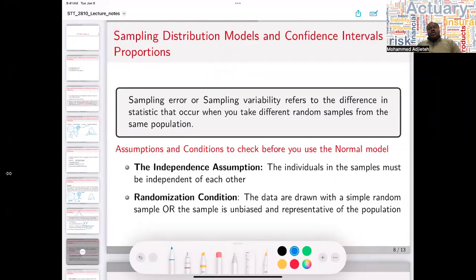Now, the next thing we want to talk about is assumptions and then conditions. What this section is trying to explain is that before you assume the bell curve, for example when you take proportions from samples, before you assume that it follows the normal distribution, you have to make some assumptions or check some conditions.